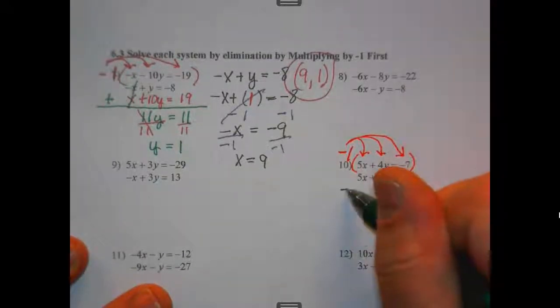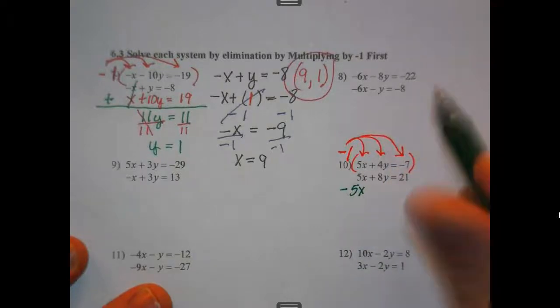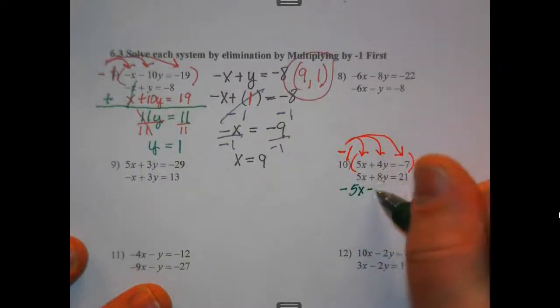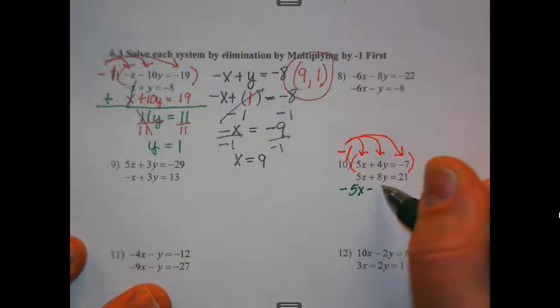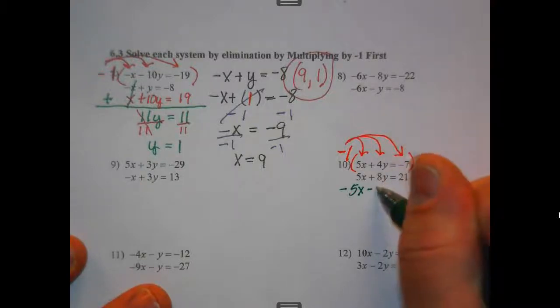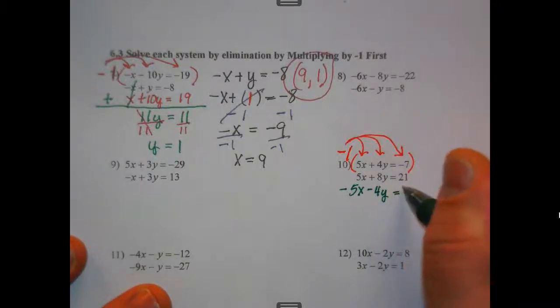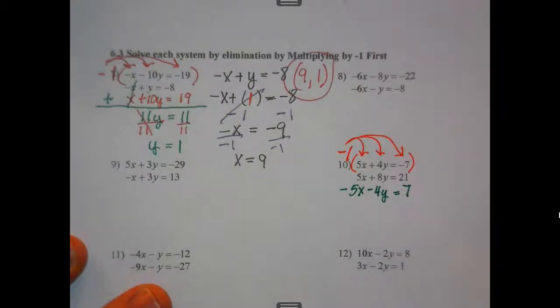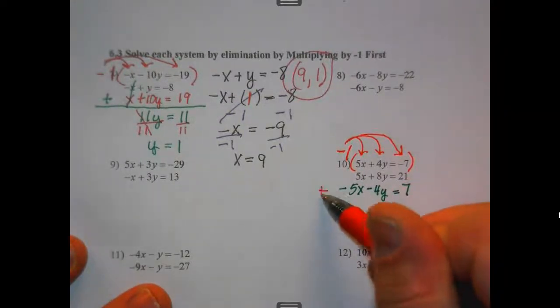So I have negative 5x minus, and if you keep it lined up with the second one, you won't have to rewrite the equation, minus 4y equals positive 7. Add the two equations together.